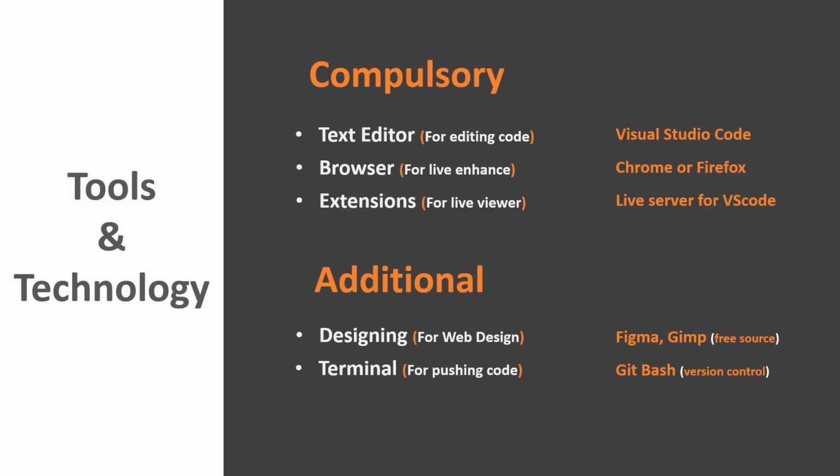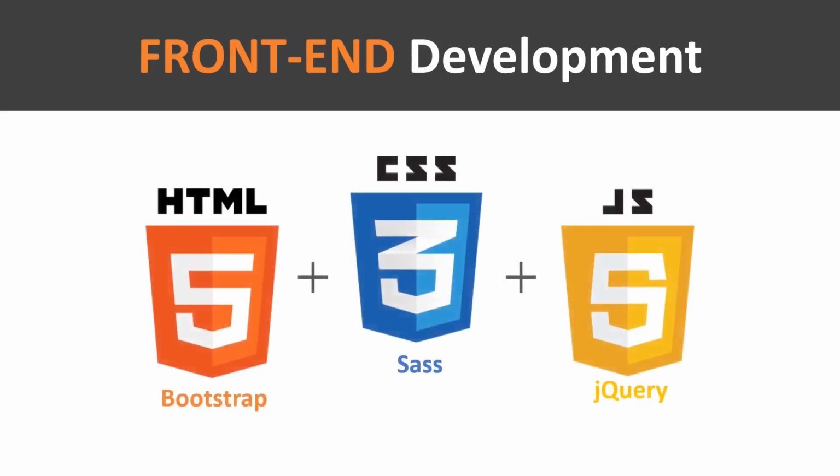So, moving on to the first part of our session. The first part of the session is front end development. Just keep in mind what is meant by front end development. Front end development contains three areas.